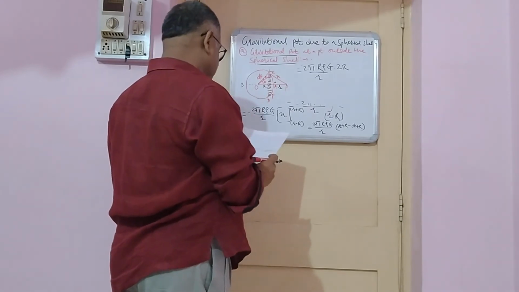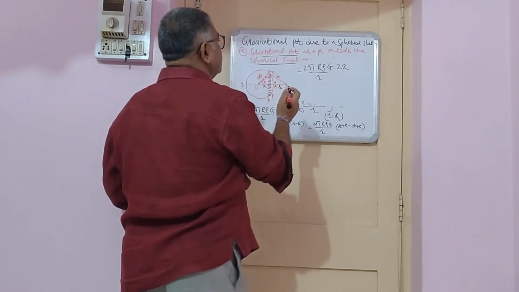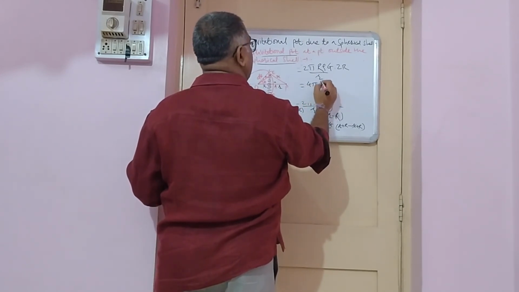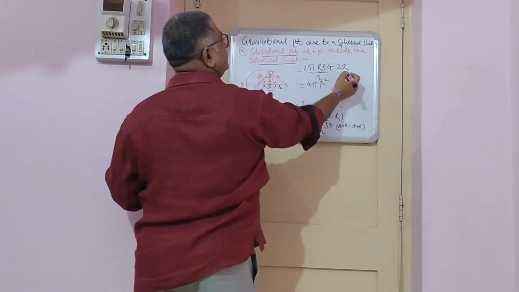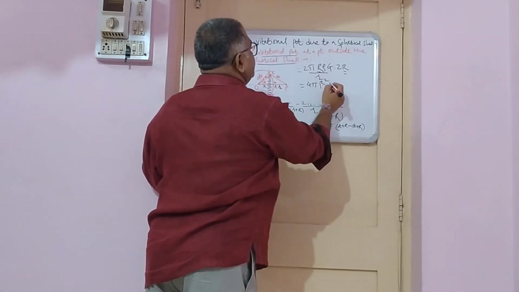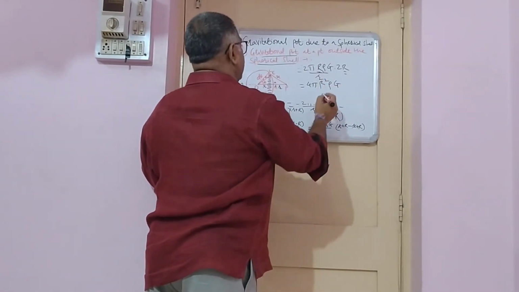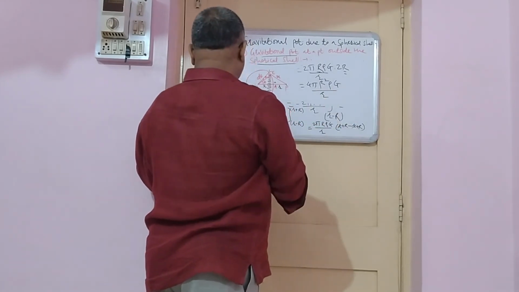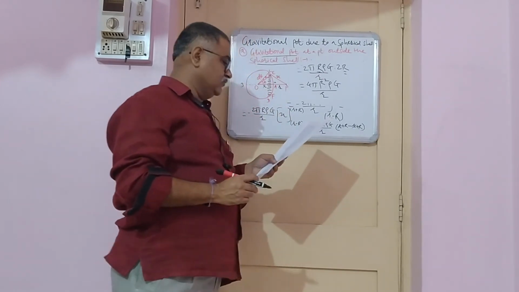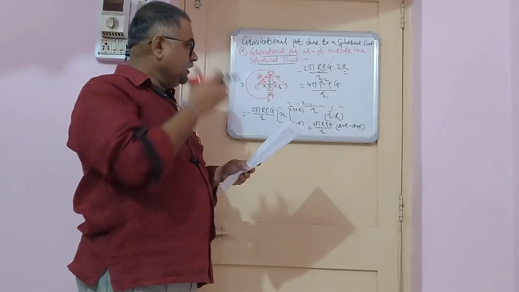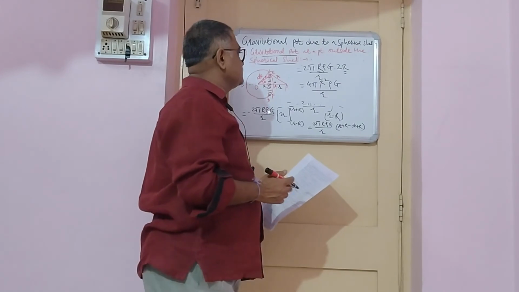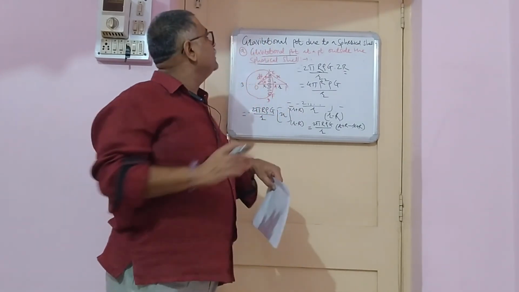Twice r means 2 into 2 is 4, and therefore here 4 pi r square, this r and this r make r square, into rho into g and divided by r. Now we know the surface area of the whole shell is nothing but 4 pi r square, and 4 pi r square rho is equal to its mass.